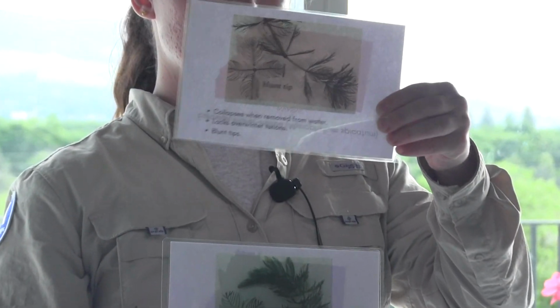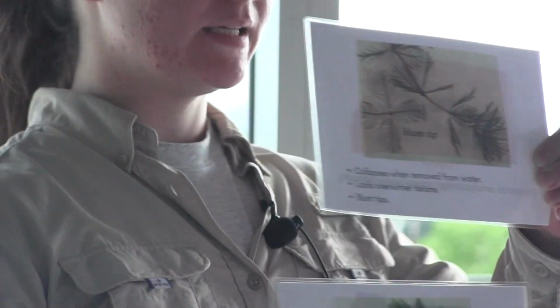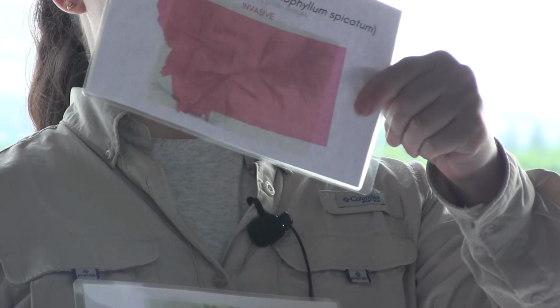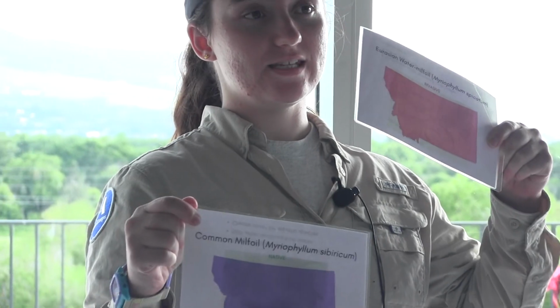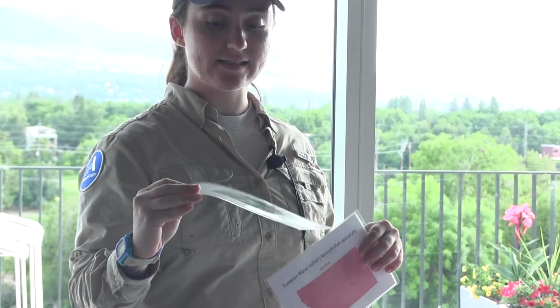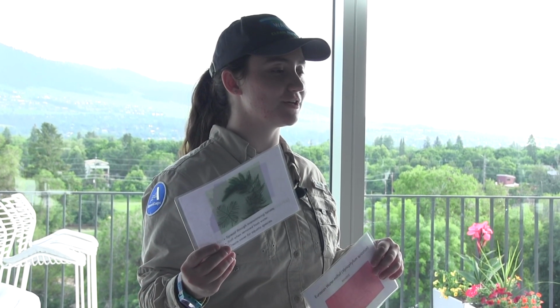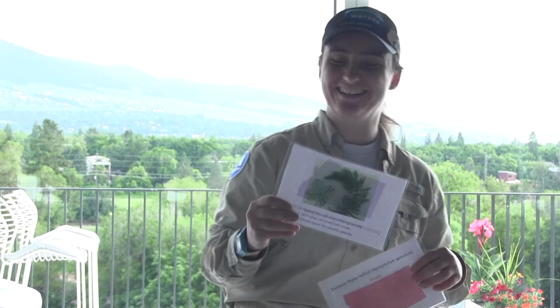This milfoil up here has a blunt point, or a blunt tip to it. This is invasive. This is the common milfoil, which is native. They look very similar. The best way to tell is that the common milfoil, also known as the, I think, western milfoil, might be western or northern, one of those two.